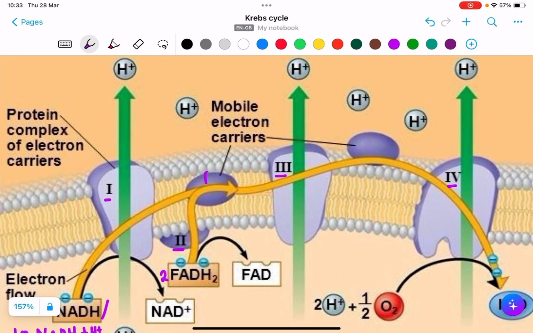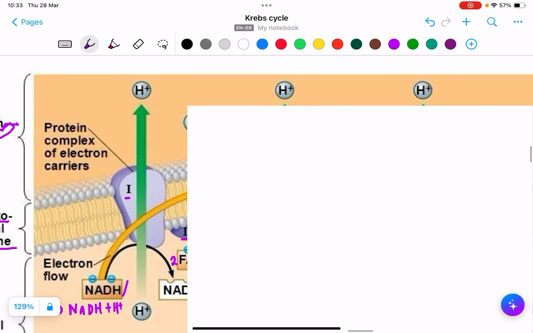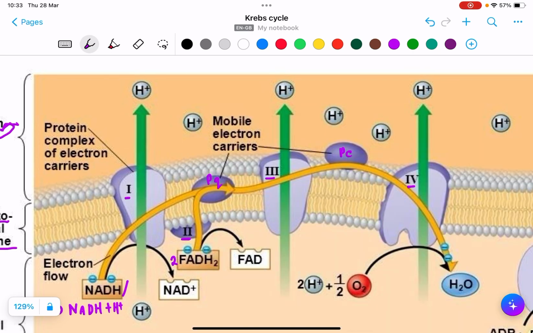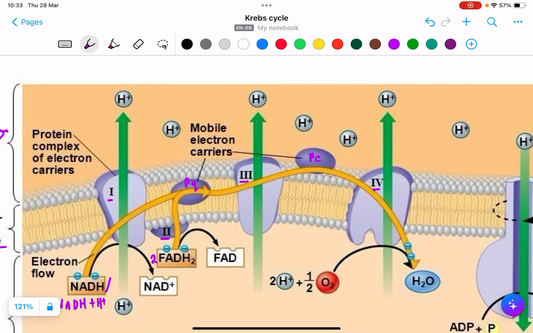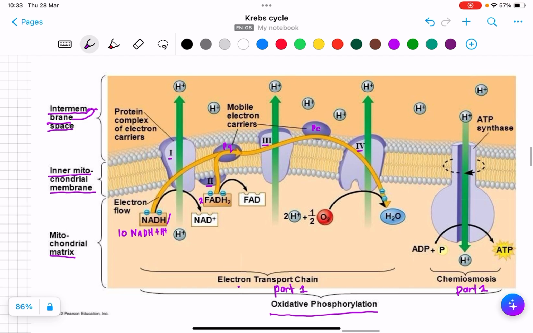We have plastoquinone and plastocyanin, PQ and PC. So these are the components that are going to be used in the electron transport chain, the first part in oxidative phosphorylation. So let's look at what happened.